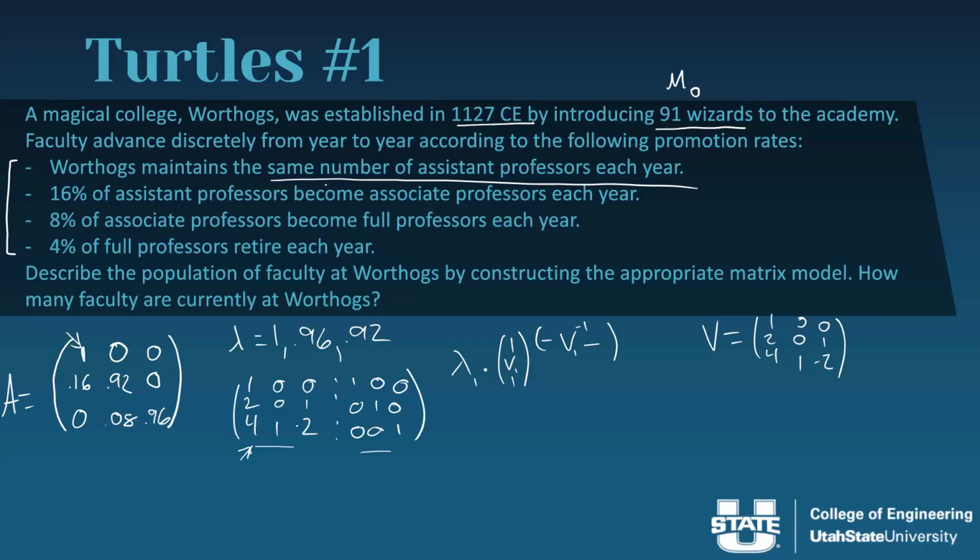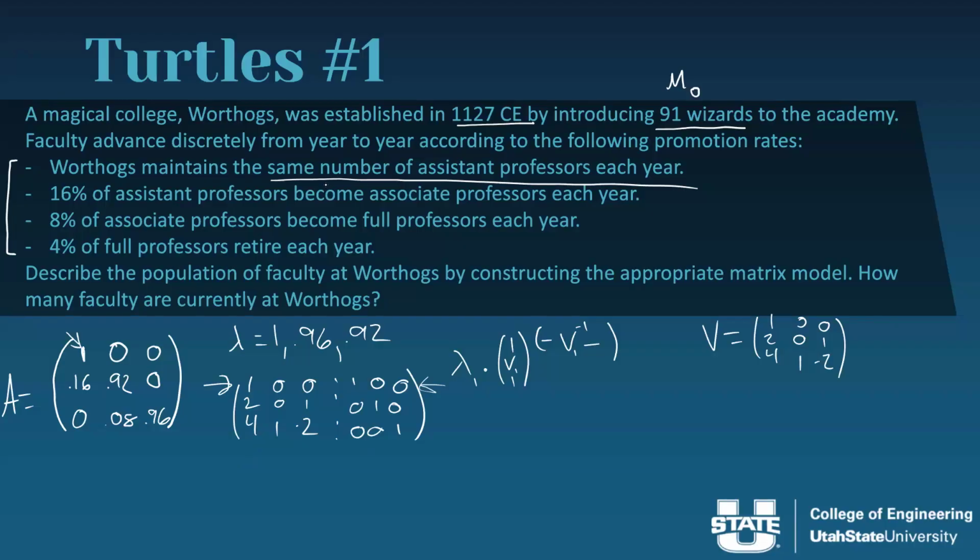Whatever I get on this side is going to be my inverse. But again, I only really care about the first row. When we look at the first row of this matrix, is it any different than the first row of the identity? No. Meaning that as I put this in reduced row echelon form, this first row isn't going to change, which means I already did the first row and I'm done. So that's pretty awesome.